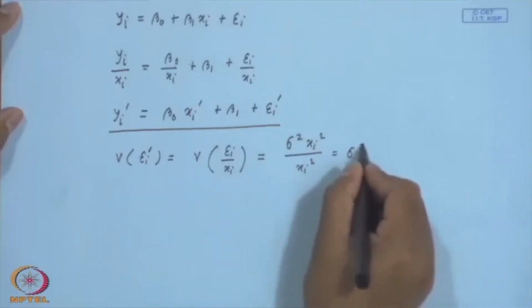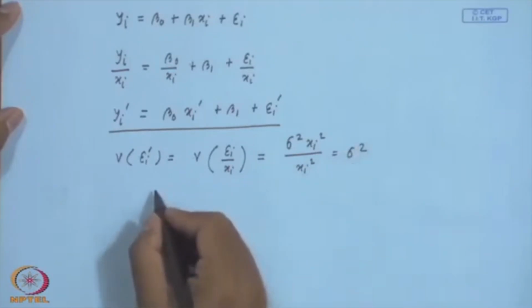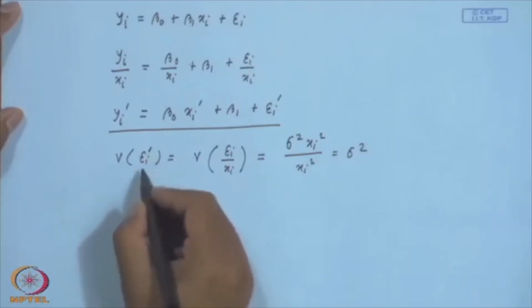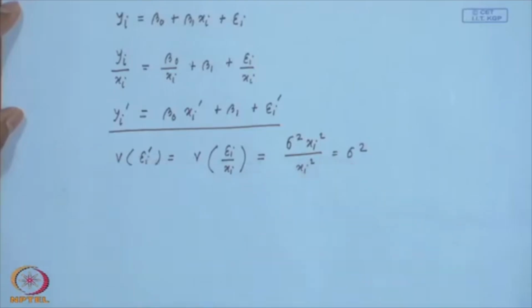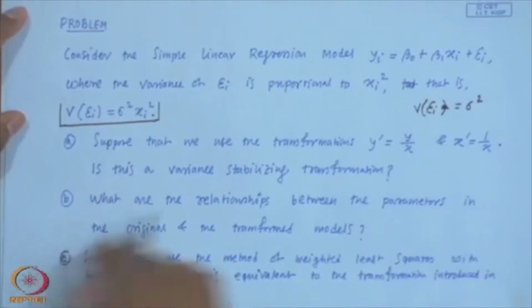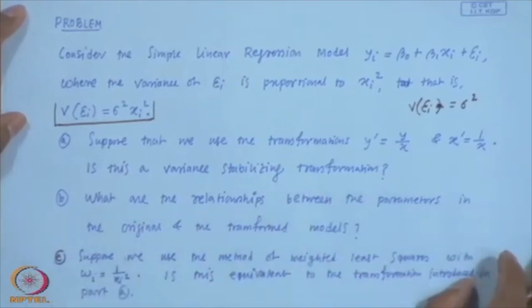So, now the variance of the transformed error epsilon_i prime is constant. So, the answer to the first problem is that yes, it is a variance stabilizing transformation.